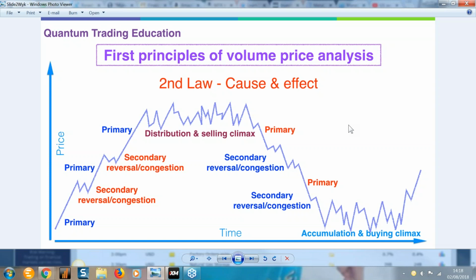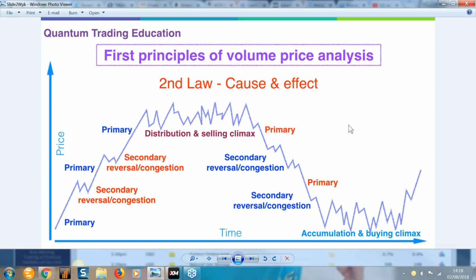And you'll see in front of you, this is actually a slide from our Forex trading program, and you can see a very typical cycle that the price goes through in all time frames and across all markets. And we will look at some actual charts of examples of the price cycle.